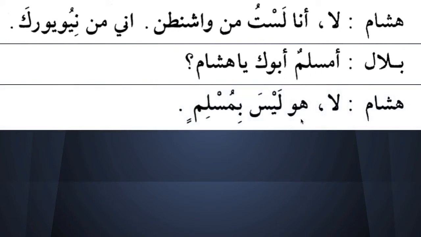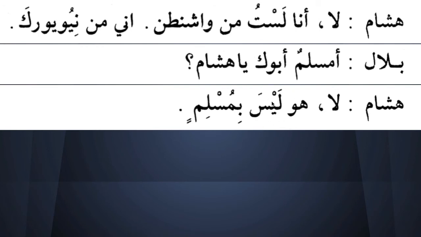And Bilal says again, A Muslimun abuka ya Hisham, is your father a Muslim? See, abuka is from al asma khamsa, waw is a sign of marfu. A Muslimun abuka ya Hisham. So you say Hisham, la huwa laysa. See, huwa laysa. So we're looking for ism laysa.